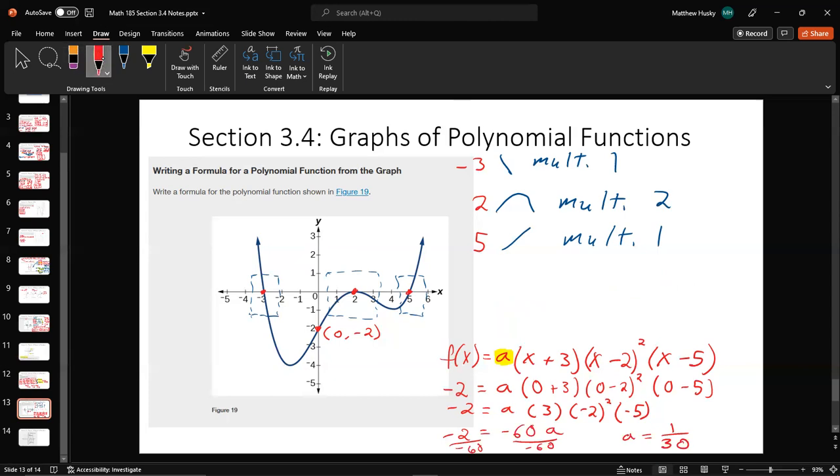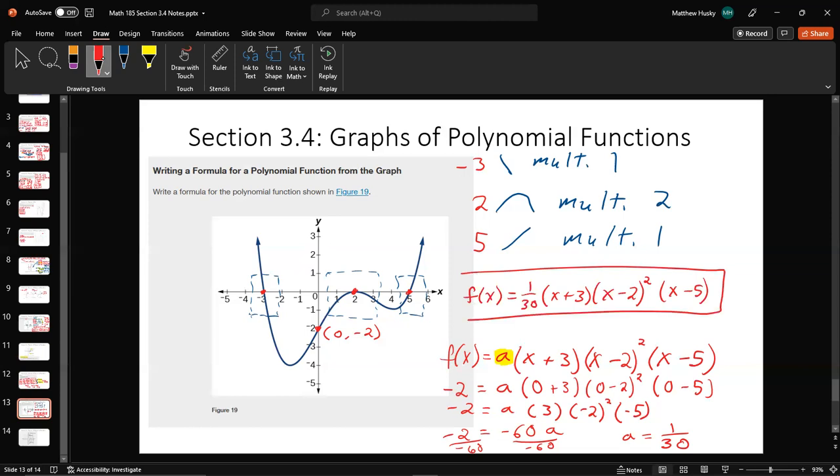So the answer, after we find that, is f of x equals 1/30, x plus 3, x minus 2 squared, and then x minus 5. And that will give you a function that will correspond to this graph right there.